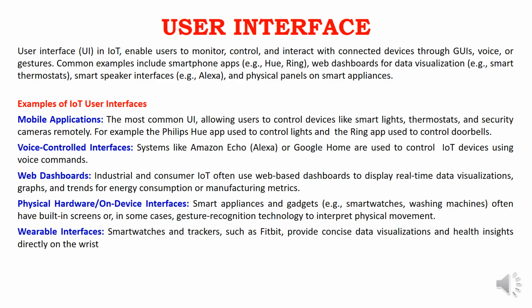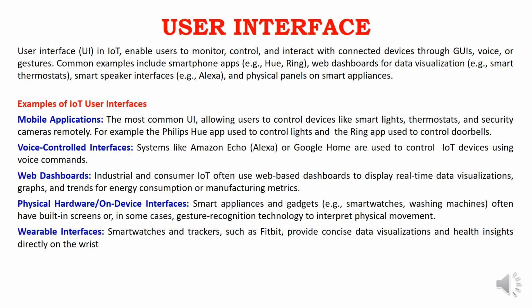Systems like Amazon Echo, like Alexa or Google Home, are used to control IoT devices using voice commands. Web dashboards. Industrial and consumer IoT often use web based dashboards to display real time data visualizations, graphs, and trends for energy consumption or manufacturing metrics.